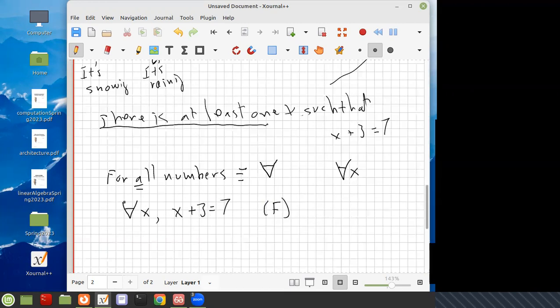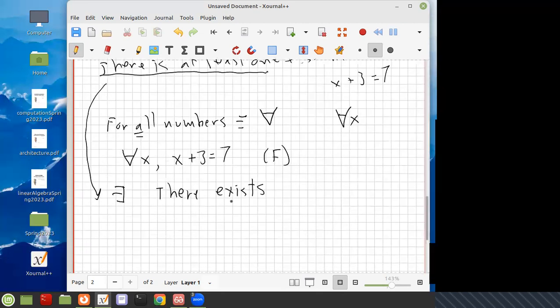And so it's much easier if you have to write it many times to write this symbol than to write the phrase for every value X. And similarly, there's a symbol for this one, which is backwards E. And that's the same thing as it's sort of like there exists. Okay.